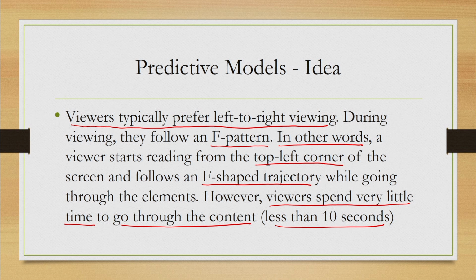So, the behavior states that they typically access the web elements in a left to right manner and follows a F-shaped trajectory. In addition, it is known that users typically spend very little time to access the elements, to look at the elements. Now, of course, although we are saying that this is descriptive model, this is not our original model.